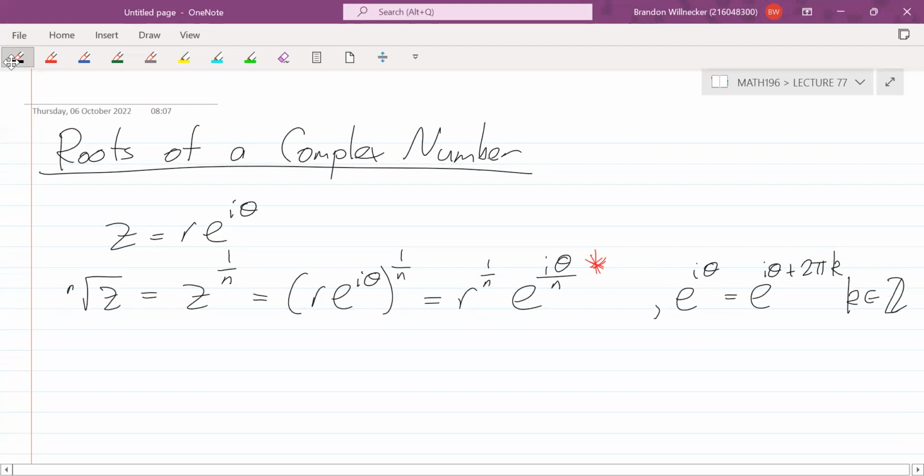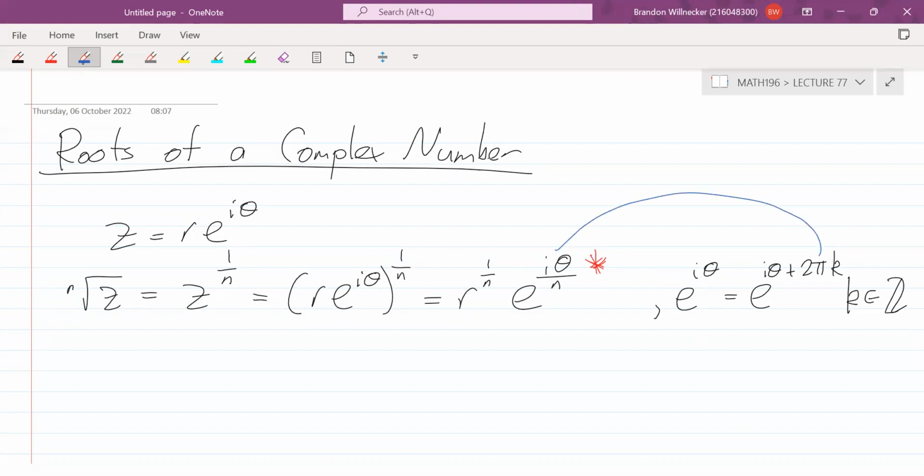If you have cos and you add some multiple of 2 pi to the argument, you get back to where you started. The same thing happens with e to the i theta. If you add a multiple of 2 pi to the argument, you get back to where you started. So what we need to do is incorporate this into the formula here. This bit we need to substitute inside.